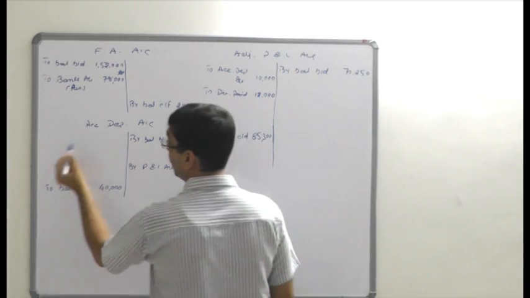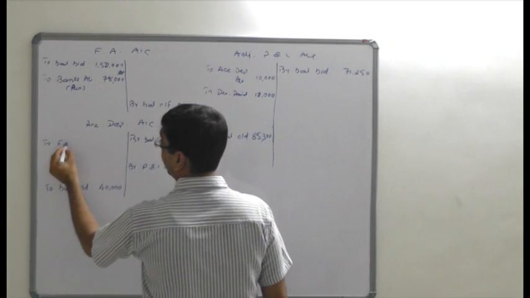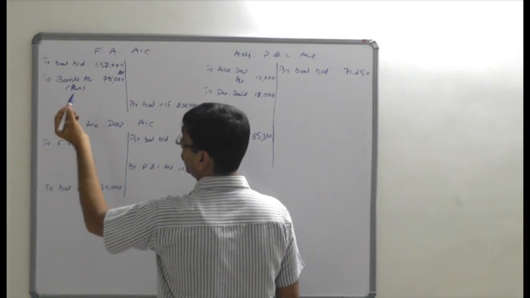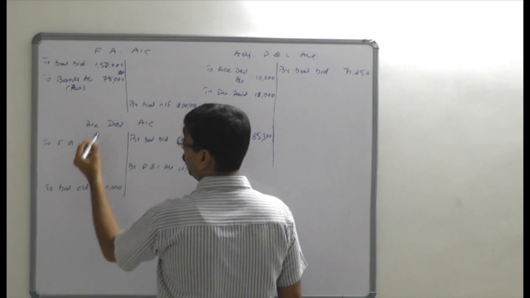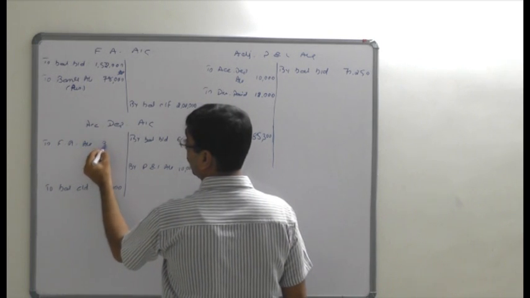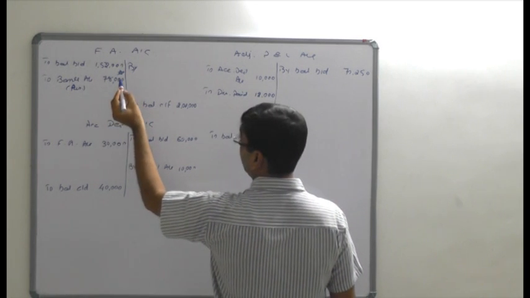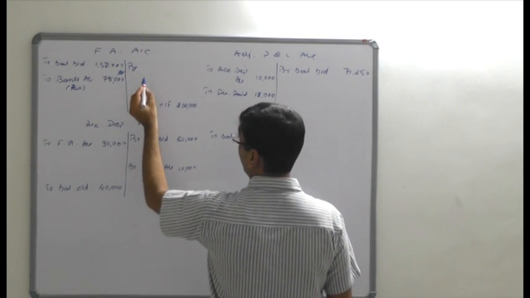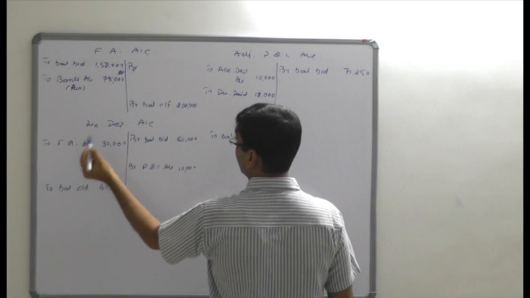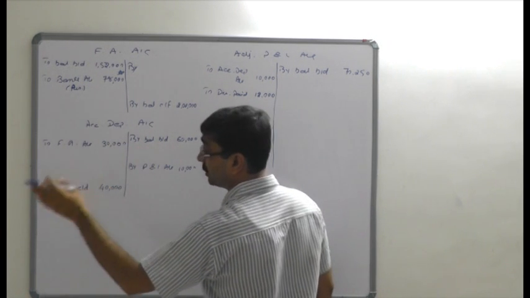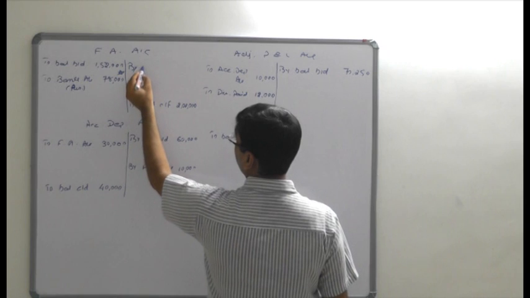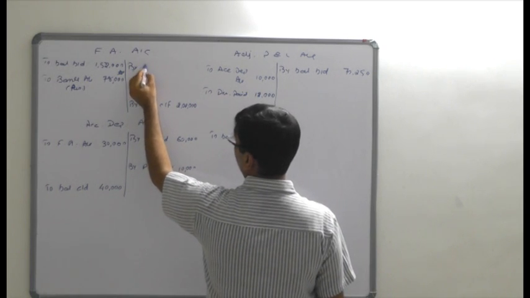So the journal entry is accumulated depreciation account debited to fixed assets account rupees 30,000. Because it is completely depreciated, no value has been realized from it, and that's why it's considered as depreciation and transferred into accumulated depreciation account.